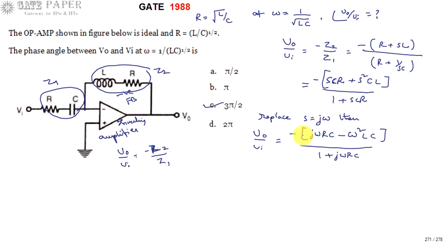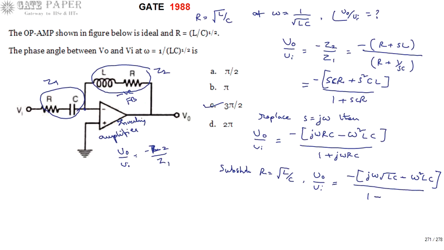Now substitute R equal to root L by C. Then V0 by Vi becomes minus of j omega root LC minus omega square LC, which doesn't have an R term, divided by 1 plus j omega root LC.